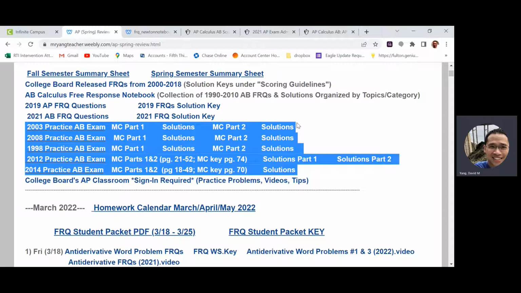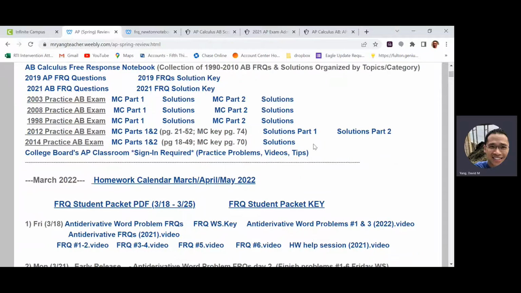That has all the multiple choice questions, and I included all the solutions as well. There are always two parts. Part one is always non-calculator, and part two is calculator. So if you want to click through that and work through it or look through it, I think those could be very good resources for you if you choose to do anything beyond what we do in the classroom.